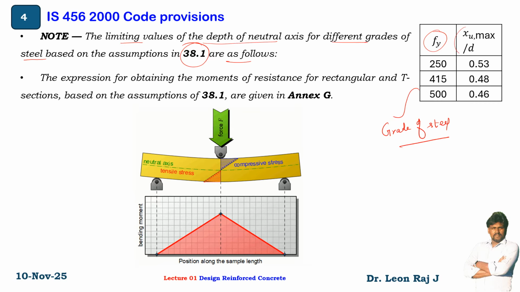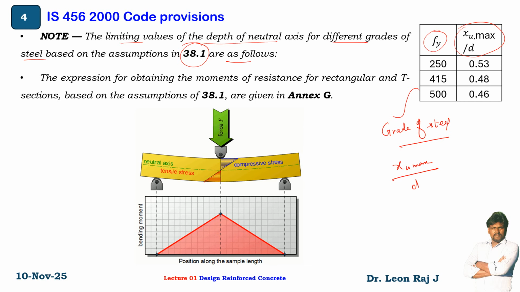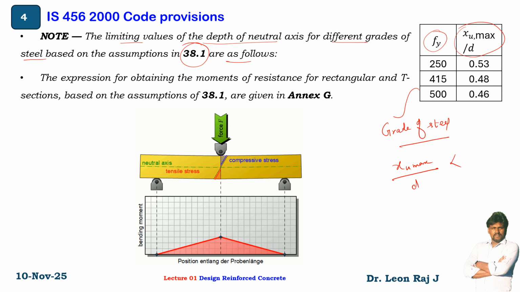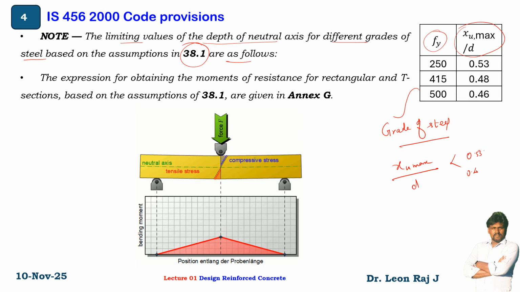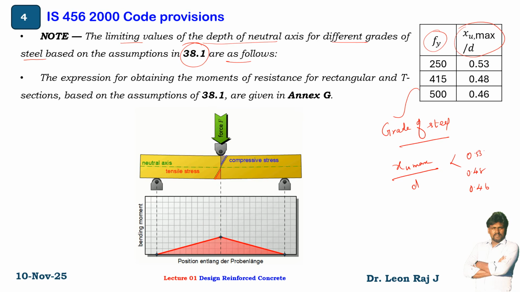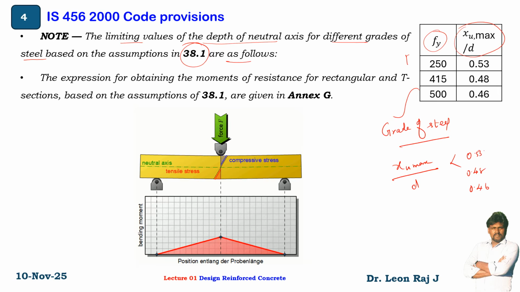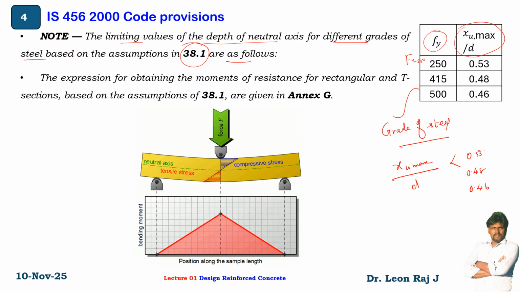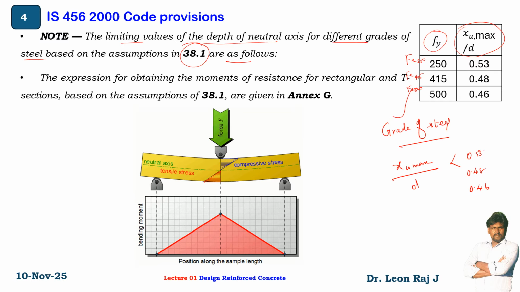XU max divided by D maximum can be 0.53, 0.48 or 0.46 respectively for yield strength Fe 250, Fe 415 and Fe 500.